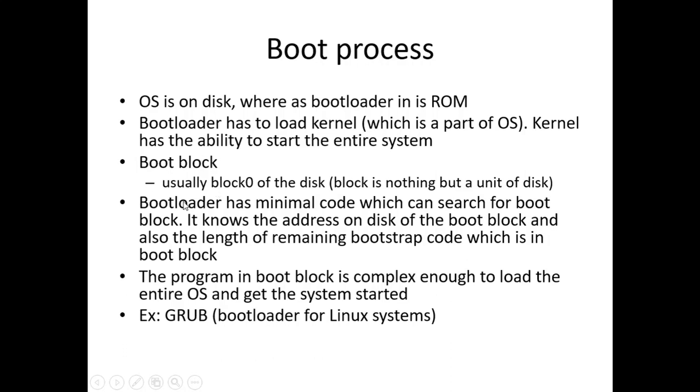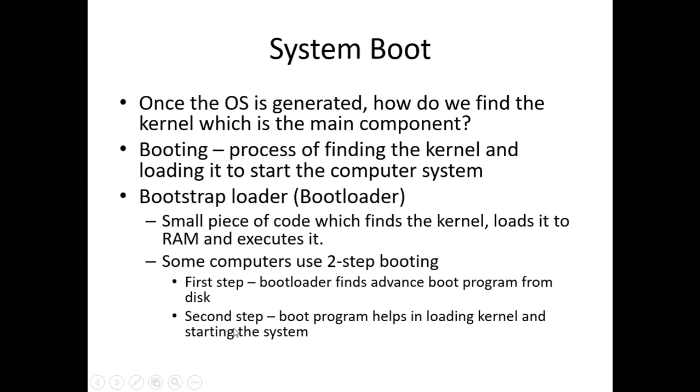Now let's talk about this two-step process, assuming we have it. The first step is that the bootloader finds the advanced boot program which is stored in disk, and in the second step, that boot program loads the kernel and starts the system.